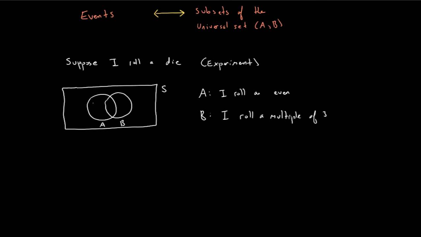And I think you can see where these elements are going to go. The evens are, well, you start with 2, then you have 4. But you also have 6, which is both even and a multiple of 3. And next, you want multiples of 3, so you start with 3, but then you have 6, which you've already put in the intersection between those two events.